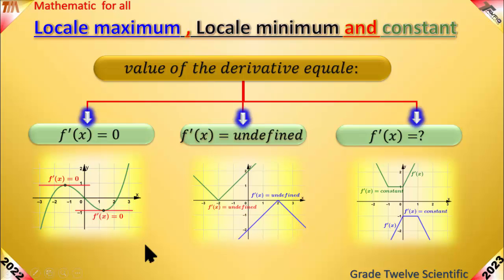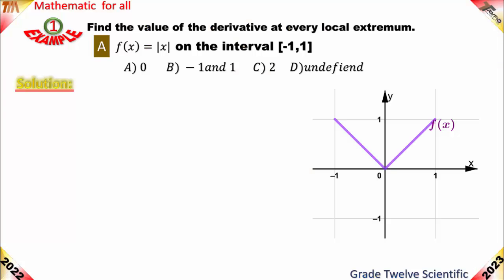So the value of f prime is 0 if the graph is like this, and it is undefined if the graph of the function has a sharp head. But if it is like here, it is a constant value.